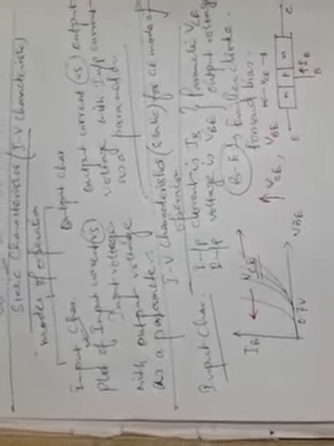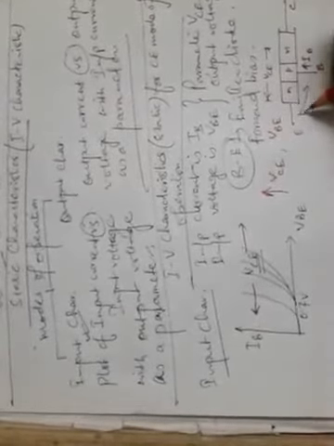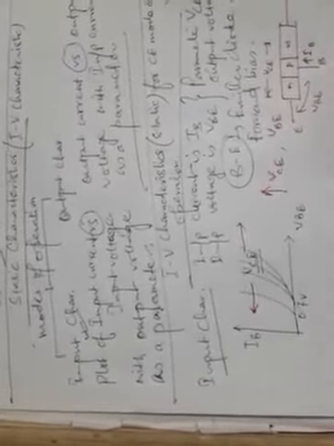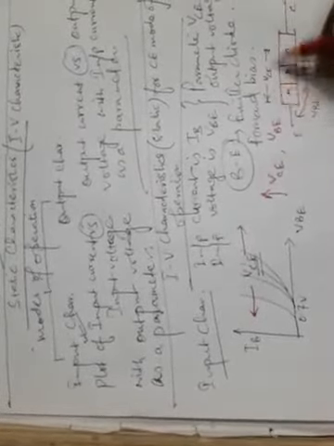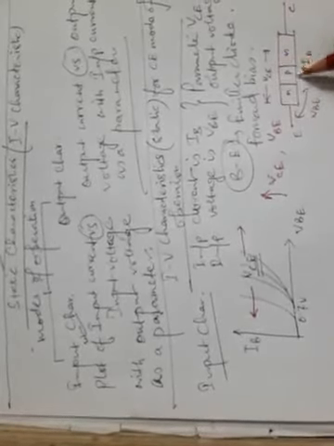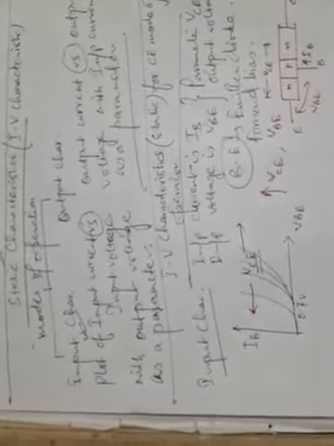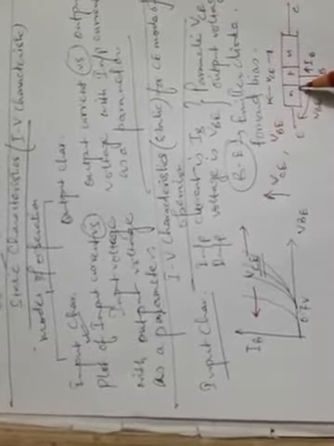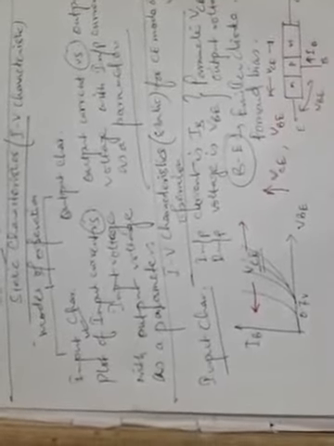Now, keeping VBE constant, this voltage is kept constant. If we increase VCE, we are actually increasing the reverse bias, while VBE constant means we are keeping the forward bias constant.